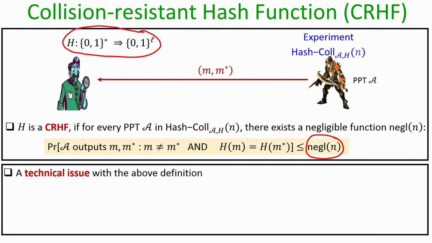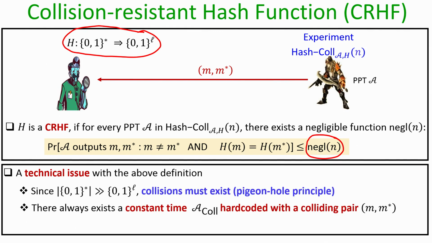It turns out that there is a slight technical issue with the above definition, in the sense that if the above is the definition of a collision resistant hash function, then we cannot construct any function h which satisfies it. This is because, as I said, the domain of the function h is the set of all bit strings, which is significantly larger than the codomain, which consists of only strings of length little l bits.